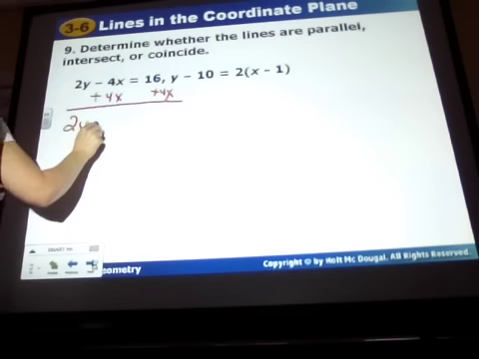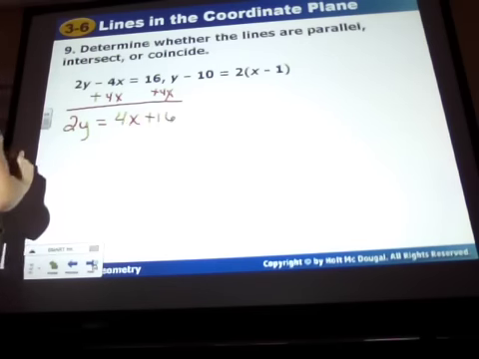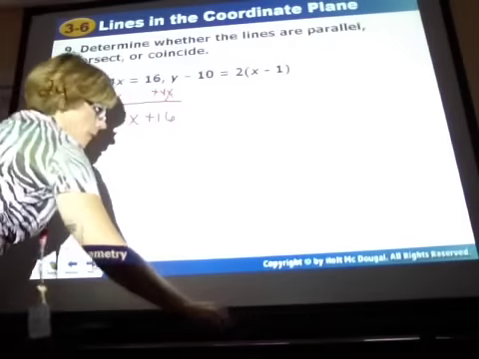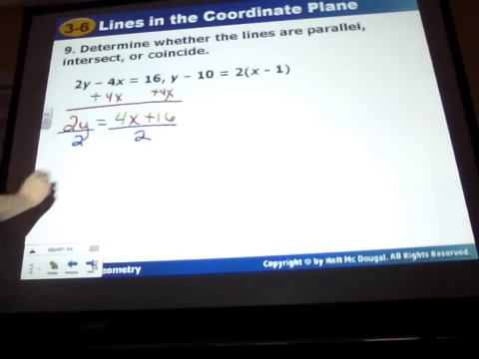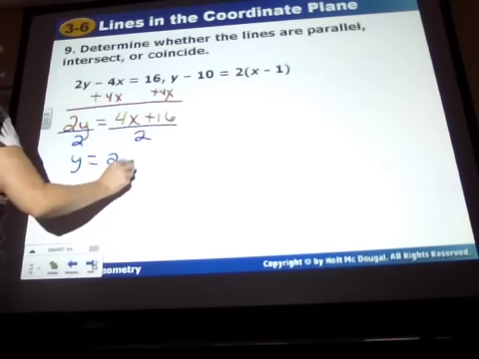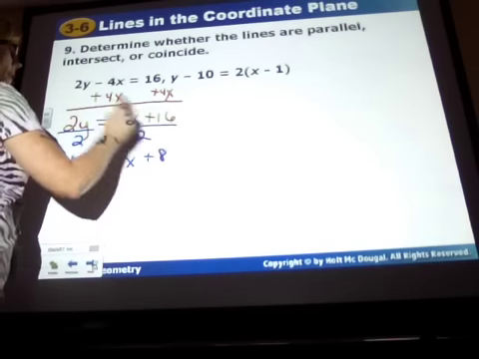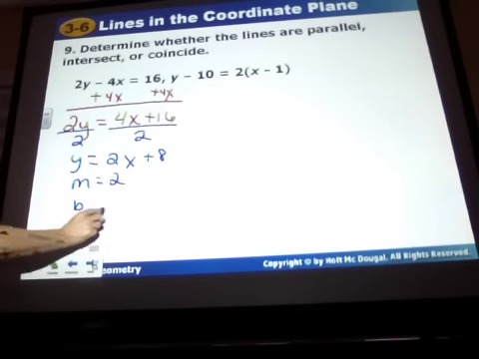Inverse of subtraction is addition. And then I'm trying to isolate that y, so I'm going to divide by 2. 4 divided by 2 is 2. 16 divided by 2 is 8. So my slope is 2. My y-intercept is 8.